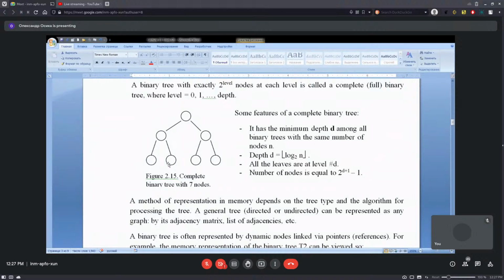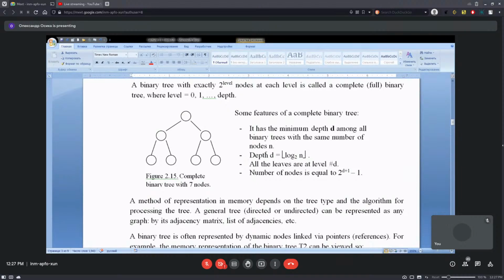The number of nodes is equal to 2 to the power d plus 1 minus 1. So d, depth, is 2. That's why 2 to the power 2 plus 1, 2 to the power 3 is 8, minus 1, 7.